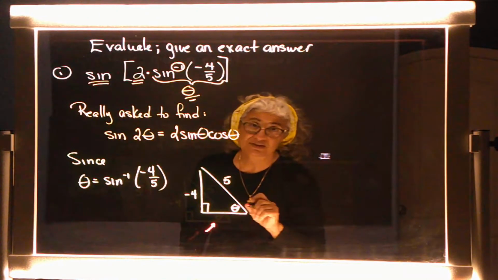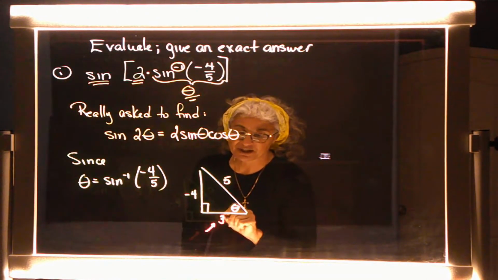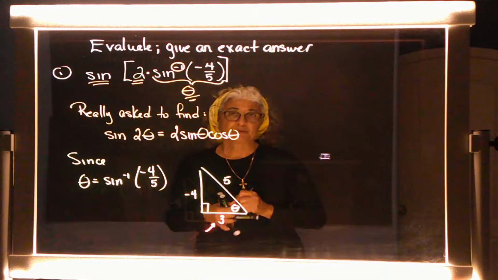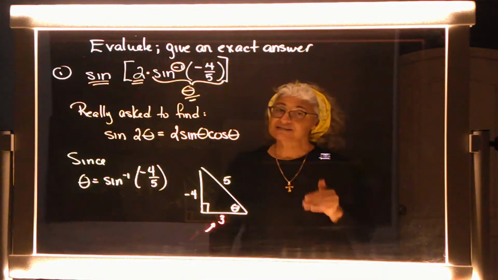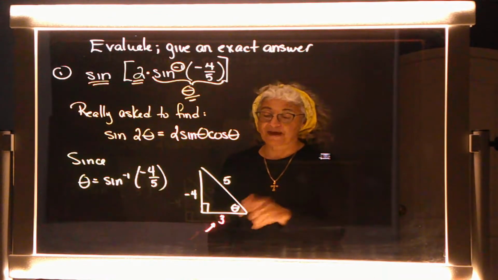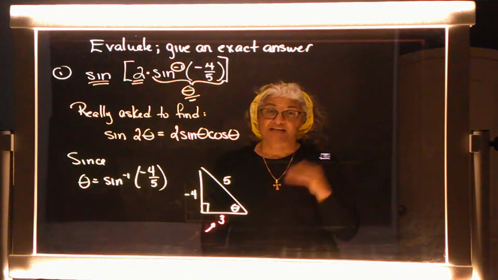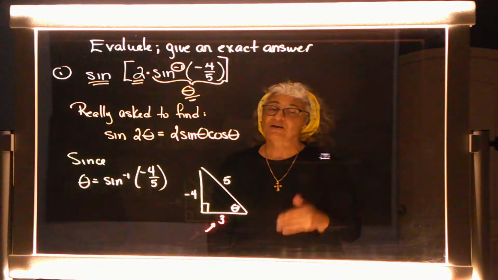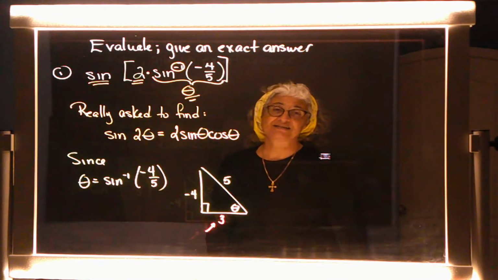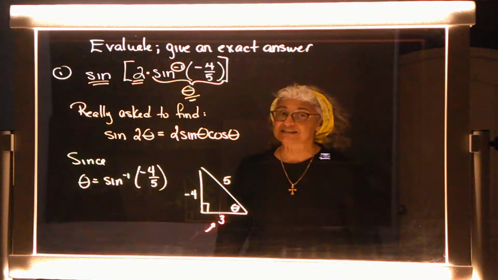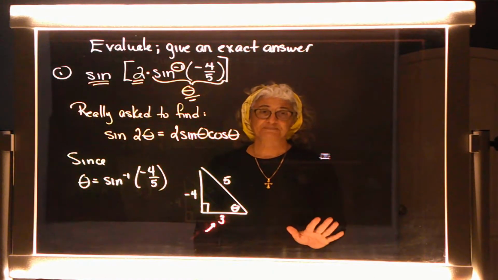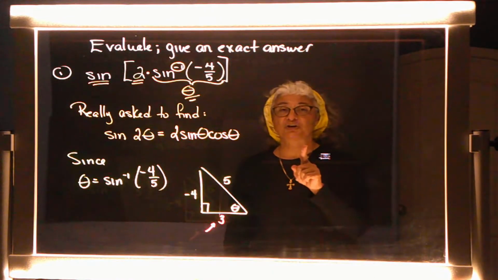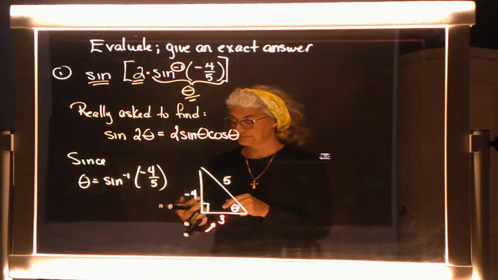Using the Pythagorean theorem, it becomes a 3. Remember what I've mentioned before: unless they tell me otherwise, that 3 is going to be positive. If they wanted it to be negative, they should have told me what quadrant we were in, or they should have said that side is a negative side. But they didn't. Good?